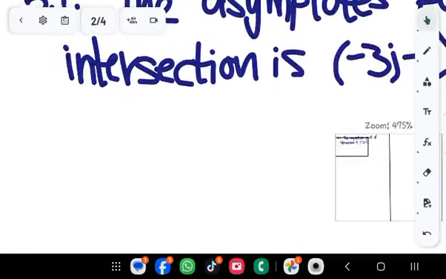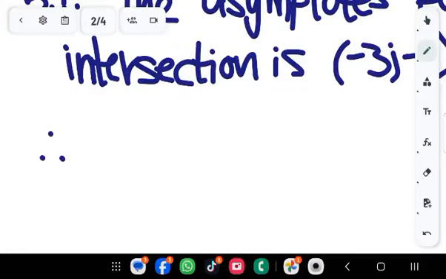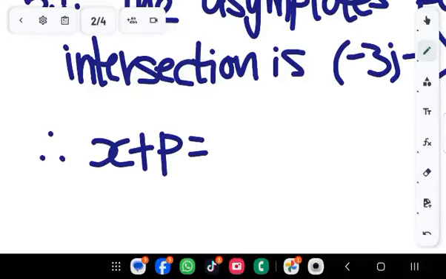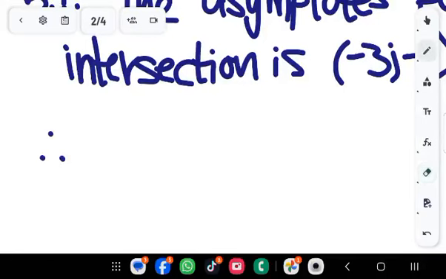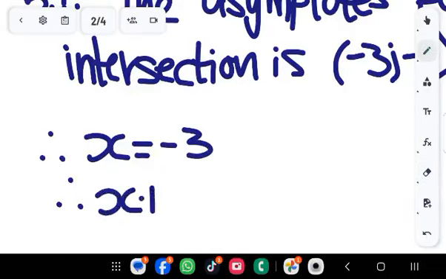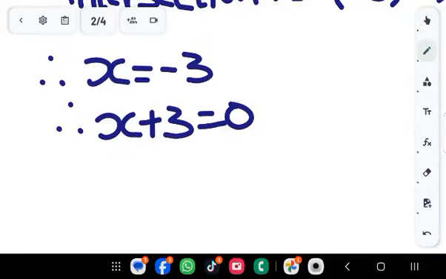Therefore, for x plus p, the vertical asymptote is x equals -3, meaning that x plus 3 equals 0 is the x plus p.